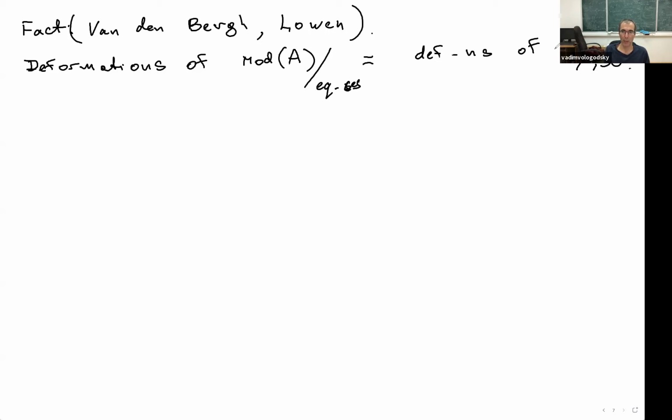For example, you may have a deformation with inner automorphisms. These are non-trivial as automorphisms of your quantization, but they induce an endofunctor of the category of modules which is isomorphic to the identity functor, right?